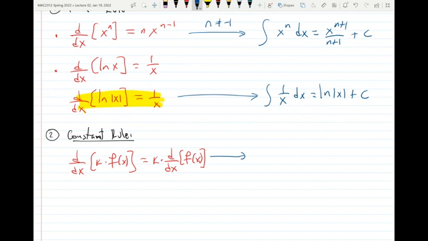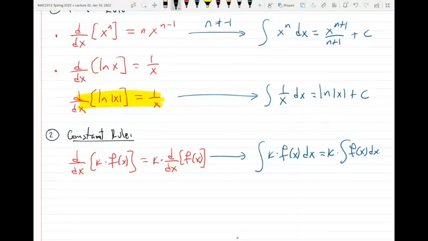So that's another little rule we're going to take advantage of: the integral of a constant times a function equals the constant times the integral of the function. Okay? So we can take constants out of an integral as well. And similarly with addition and subtraction, you know the derivative of a sum is the sum of the derivatives. So the integral of a sum is the sum of the integrals, and so on.